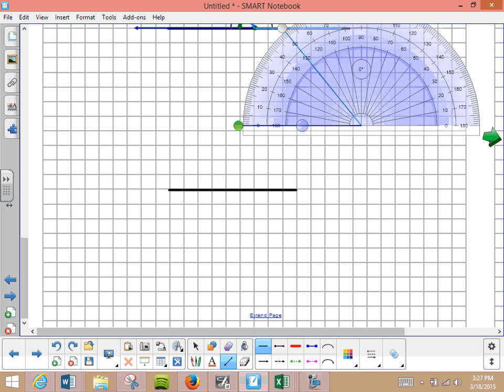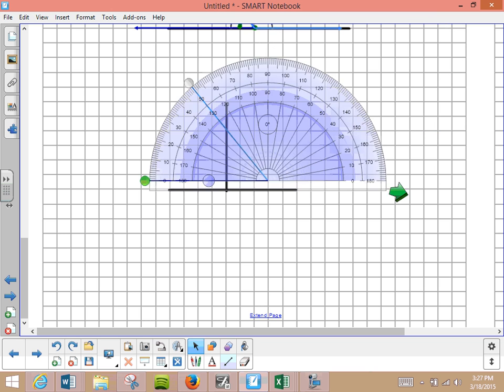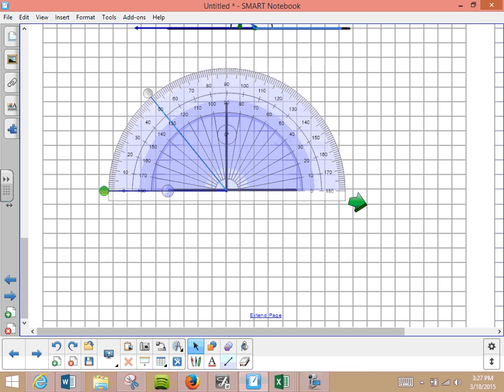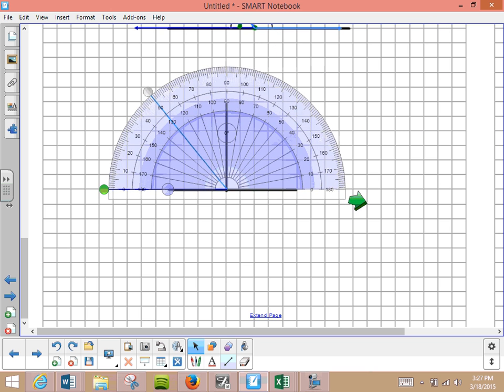Make another one right here. And now I'm just going to create a perpendicular line, which will give me a what kind of degree? 90, right? So I'm going to leave that there. And let's bring this over here.